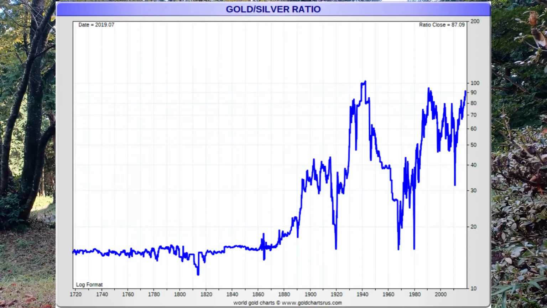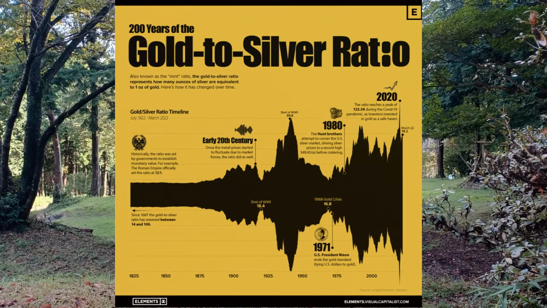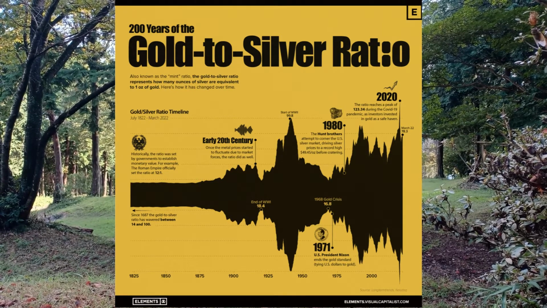Starting in the end of the 19th century, more and more nations moved away from bimetallism to a gold standard. So instead of your money being denominated in silver and gold with a fixed ratio, it was just denominated in gold. So silver was generally left to the market price. The market determines the value of the silver. Governments are no longer setting a ratio.